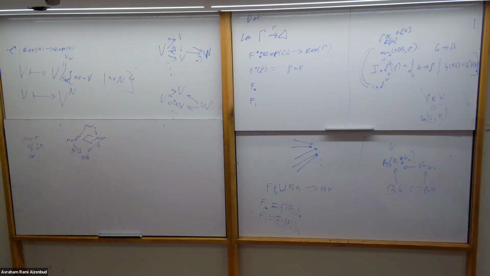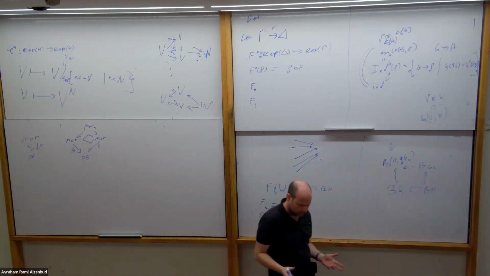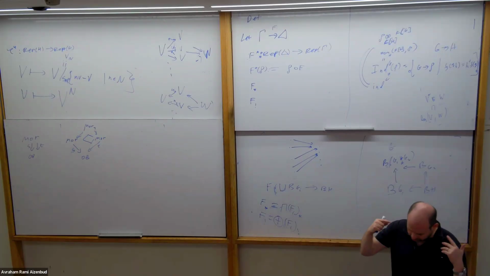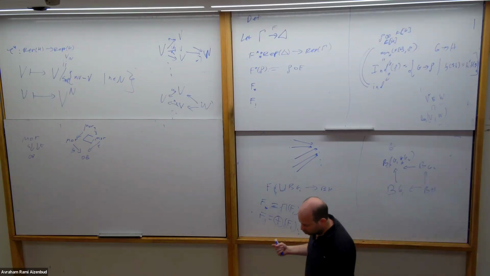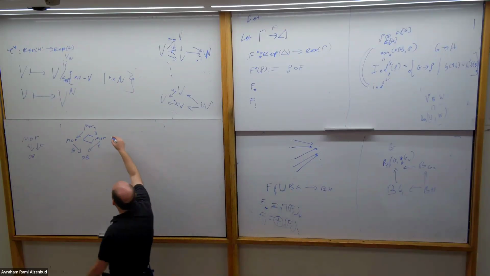I assume that my category has fiber products. The fiber product of these two is going to be the collection of composable pairs of morphisms. And then we have the composition.